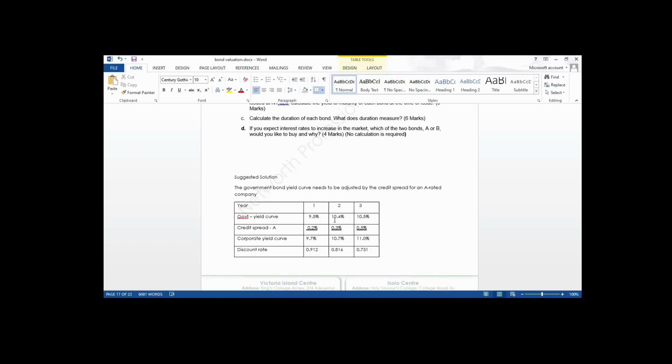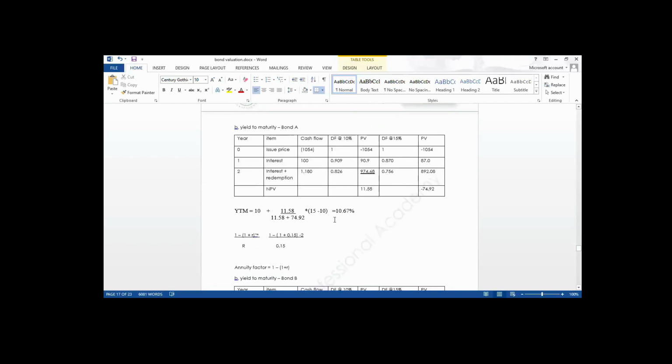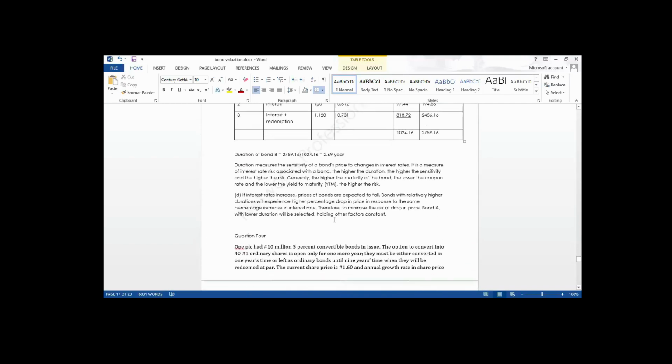If interest rates increase, value of bond will fall. Generally, if there's increase in interest rates, value of the bond will fall. No calculation is required here.